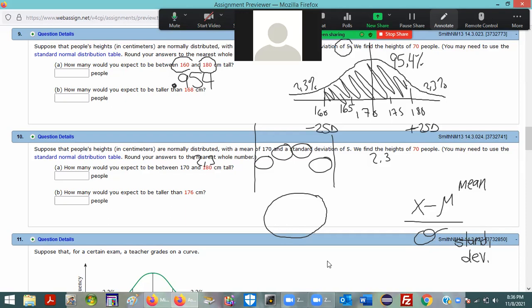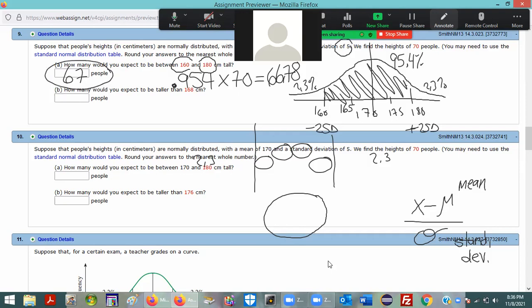And what we're saying is we expect 95% of these 70 people to be between those heights, right? So if we take 0.954 and multiply by 70, we have 66.78. So I would expect about 67 people.